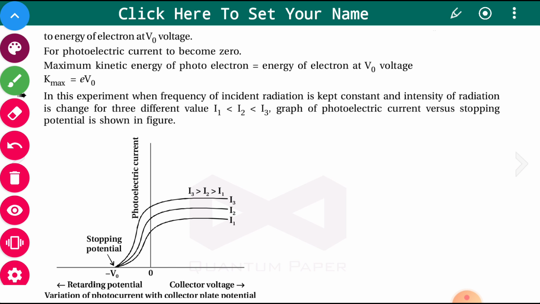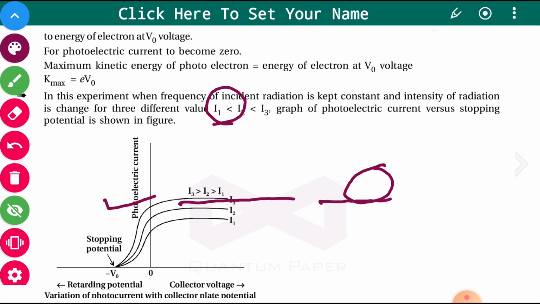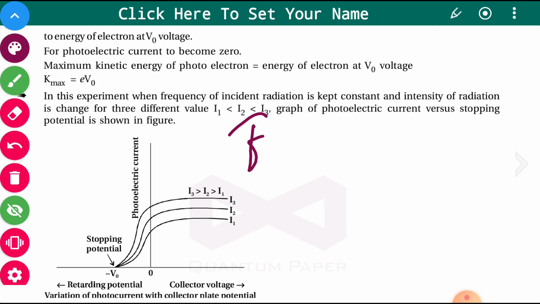In this experiment, the frequency of incident radiation is kept constant and the intensity of radiation is changed. Say one frequency was fixed and you are changing the intensity to I1, I2 and I3, where I1 is less than I2, and I2 is less than I3. That is, the intensity is in increasing order.